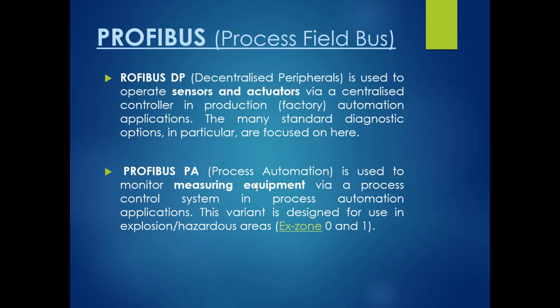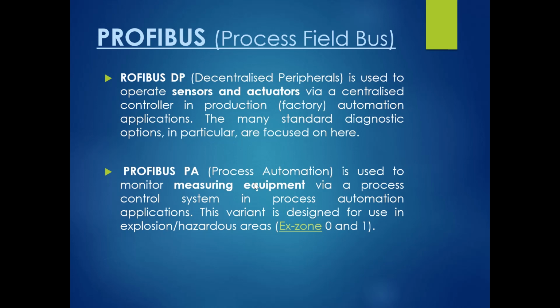We will separately see what is Profibus DP and Profibus PA. Profibus DP, that is process field bus decentralized peripherals, is used to operate sensors and actuators via a centralized controller in production, that is in factory automation applications. The many standard diagnostic options in particular are focused on here.